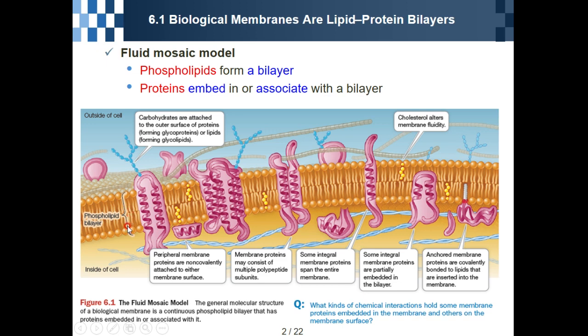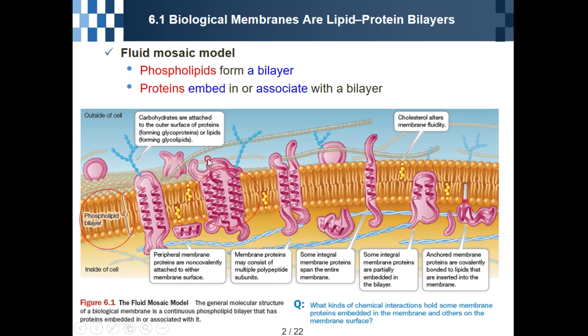Phospholipid forms a phospholipid bilayer. Bi means two layers: one layer, another layer. Phospholipid forms a bilayer, and also proteins. So this is phospholipid, and there are several proteins like this.